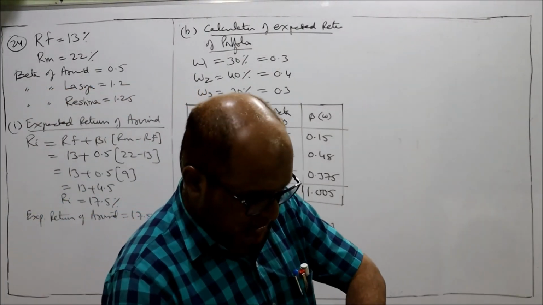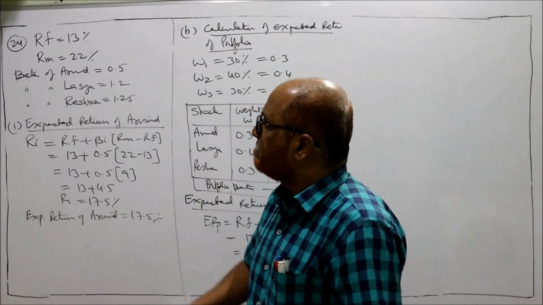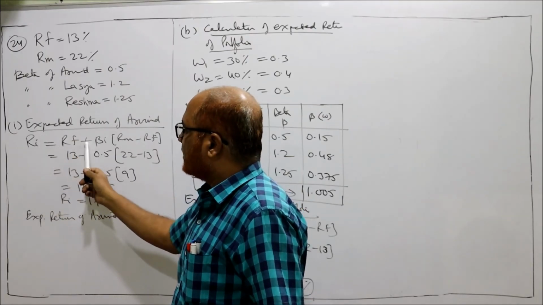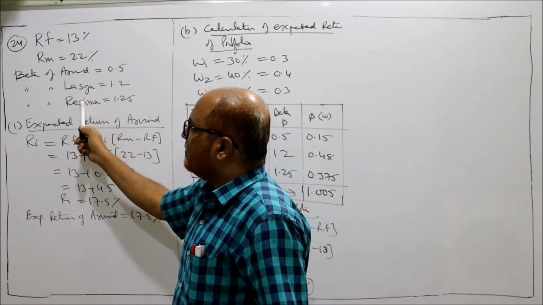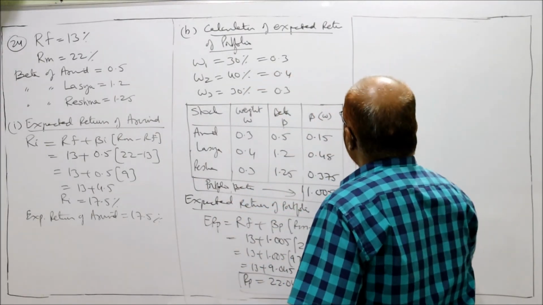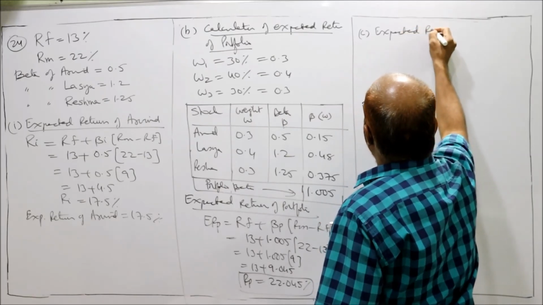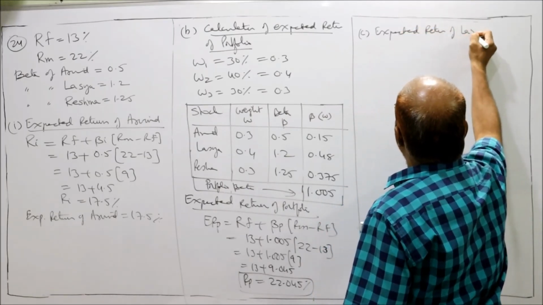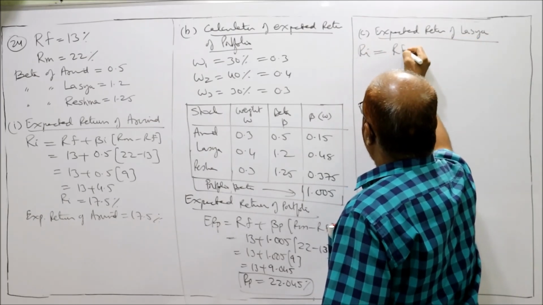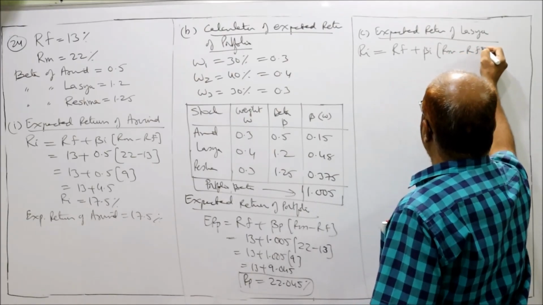The third question is compute the expected return using part 1. Part 1 means this one. How we calculated the expected return of Arvind, the same way we have to calculate expected return of Lasya and Reshma. Expected return of Lasya: Ri is equal to Rf plus beta i into Rm minus Rf.